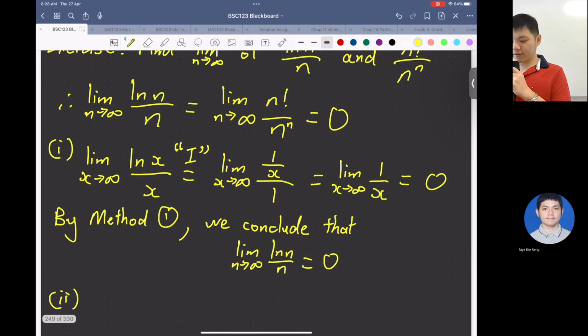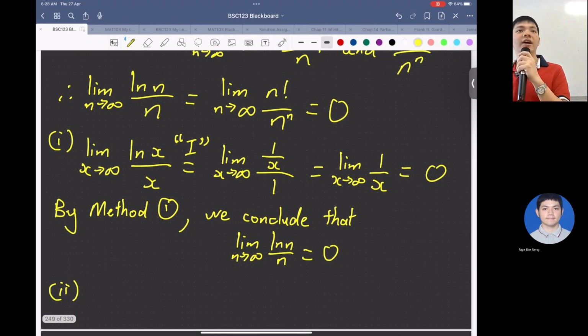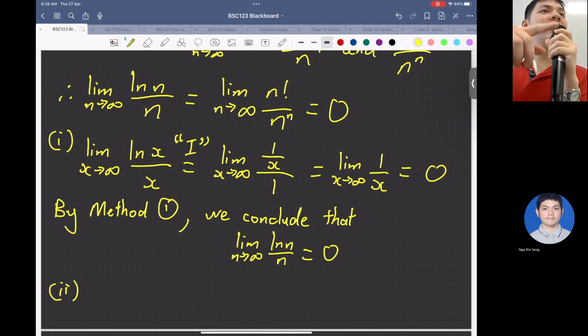How did you find this limit is 0? Check one by one? So you check 1, 2, 3, 4, 5, 6 like that. That one is kind of classic.